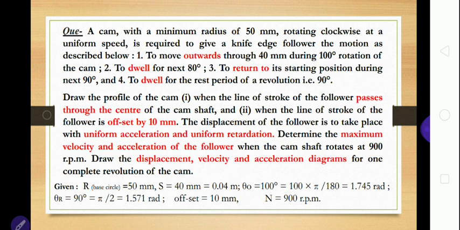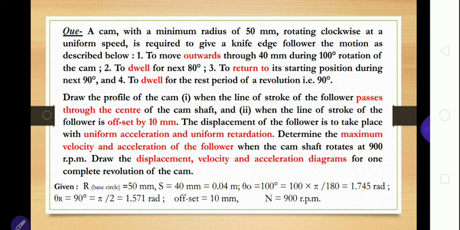Therefore the offset distance is 10 mm. Next, the displacement of the follower is to take place with uniform acceleration and uniform retardation. This is important, underline it.